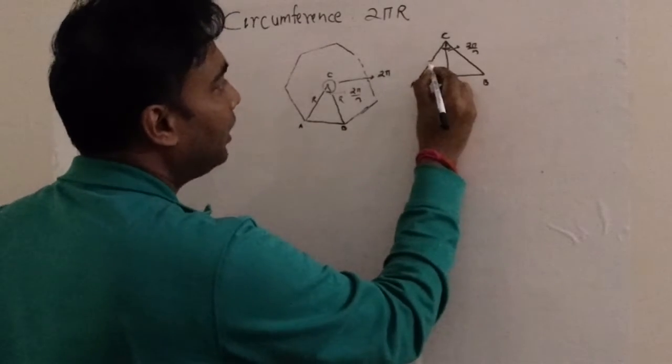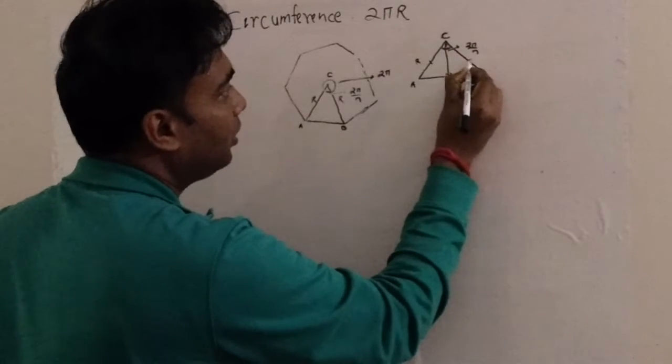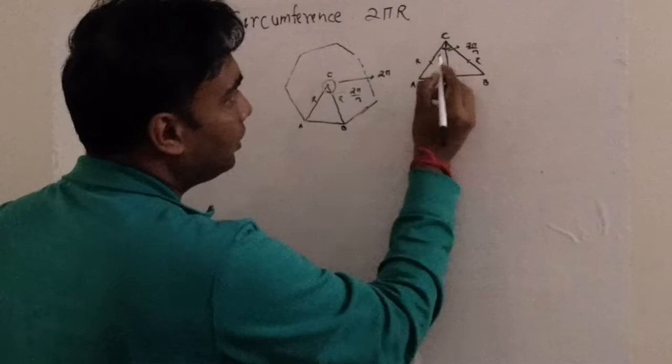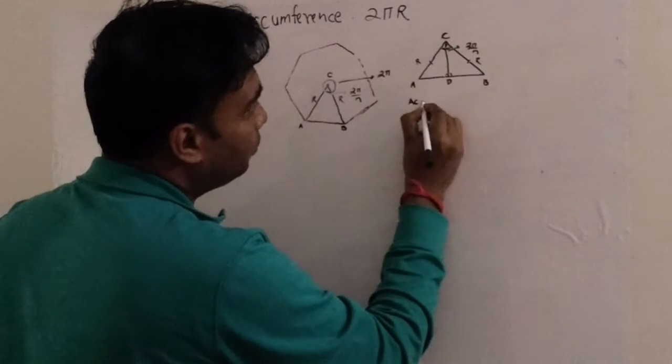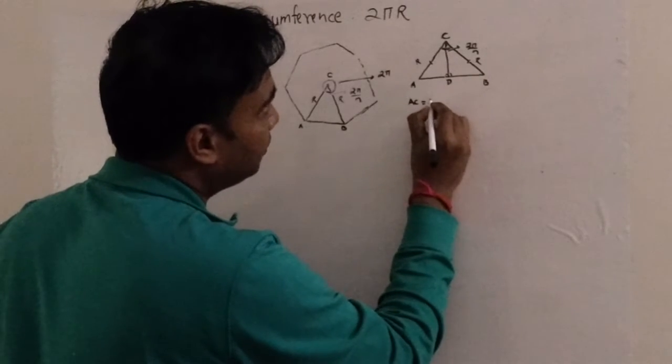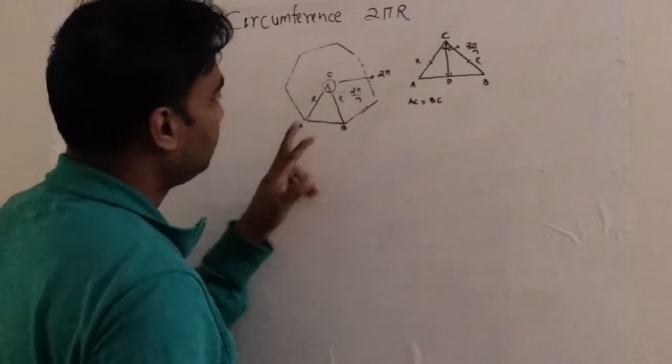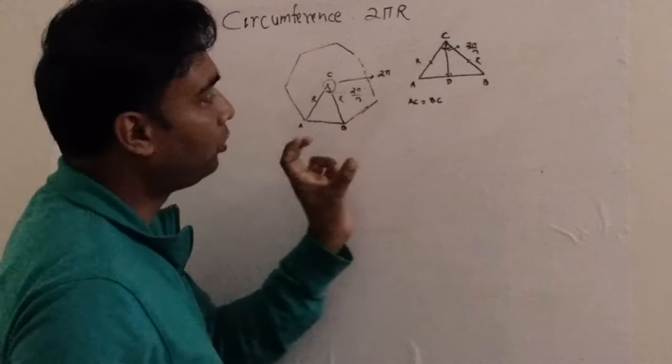As we know, these two sides R and R are equal, that is, AC is equal to BC, because this is inside the regular polygon.